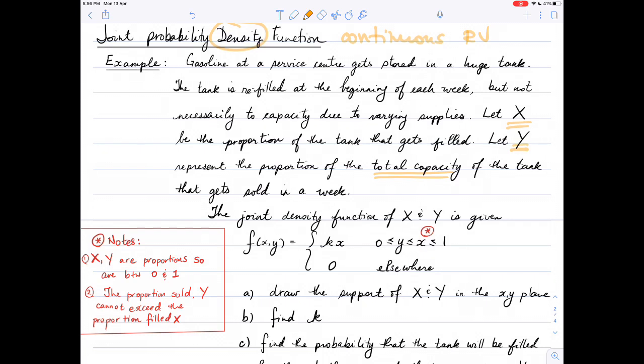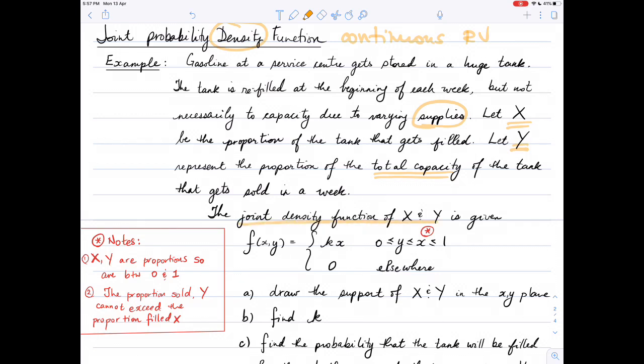So X and Y are obviously two random variables. The value of X depends on some random market forces or supply chains or whatever. Y depends randomly on people who come in to purchase gasoline. So these are random variables, and they vary together. Obviously, you can't sell more gas than you have, and so there is some sort of joint density function.